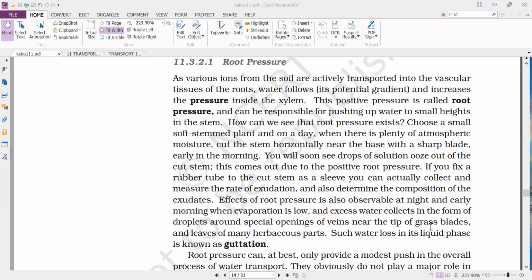Grass plants can't grow to great heights, they are very small in height. So root pressure can be easily observed in the form of guttation during the winter season especially, because in other seasons they lose water by transpiration, so we can't observe the guttation phenomenon.